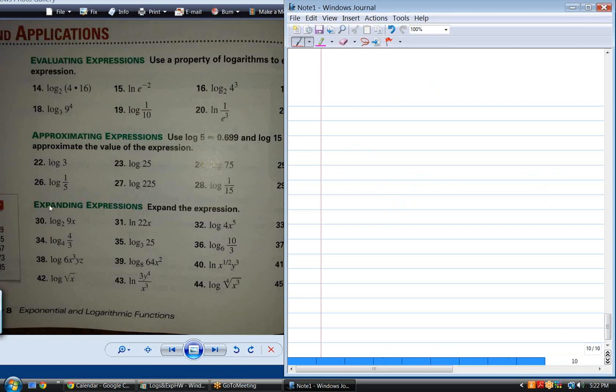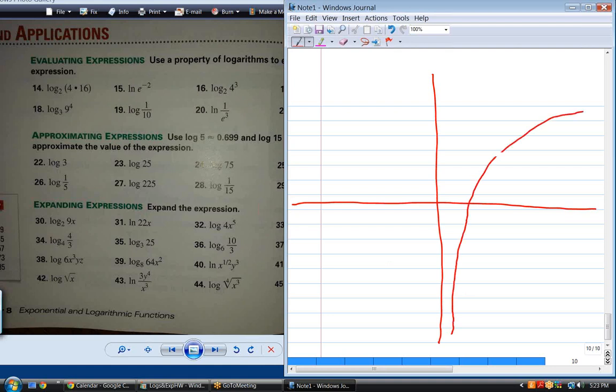And that illustrates something that's worth noting. Whenever you take the log of numbers between 0 and 1, you get negative answers. In other words, this is what the log function looks like. That is y equals log of x. And this point's always going to be 1 comma 0. So if you take the log of a number greater than 1 to the right on the x-axis, you get a positive answer.